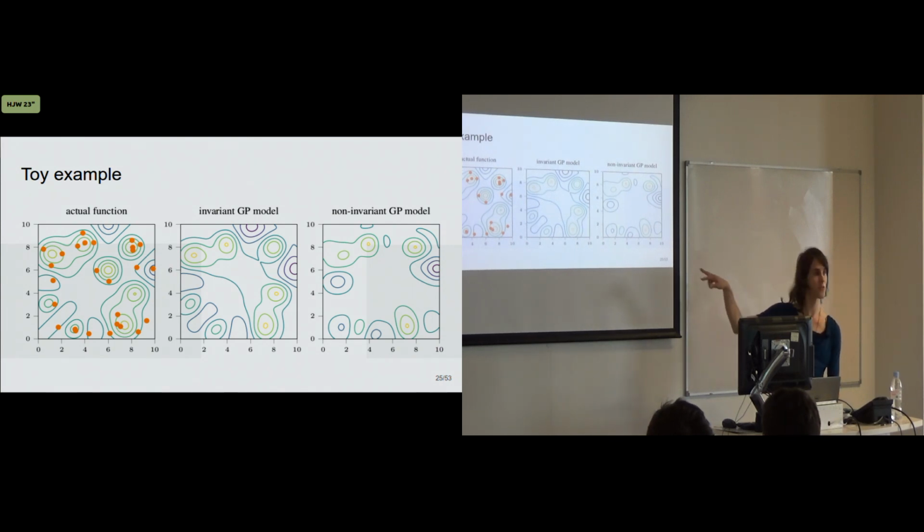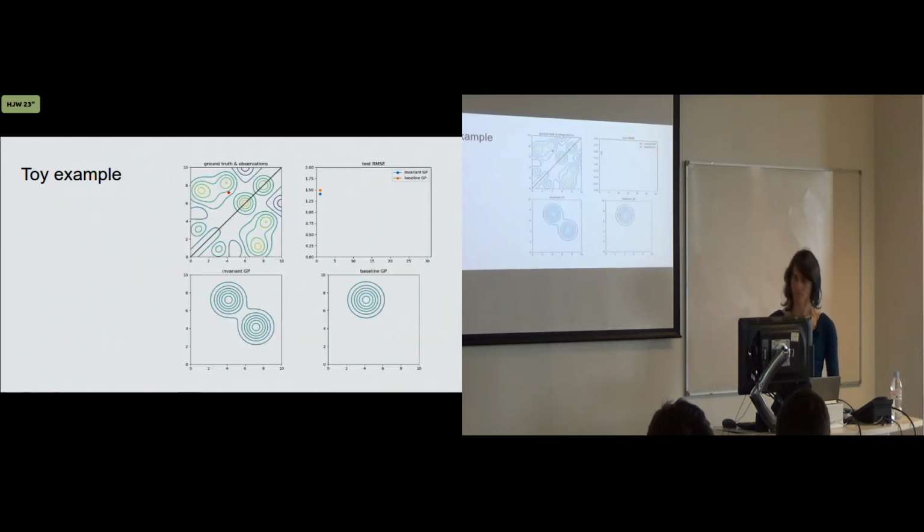And I built two GP models. One knows about the invariance, the other one doesn't. And you can already see the fit of the invariant one looks quite a bit better. But on the next slide, I'll show you what this looks like over the course of training. So if you add one training point after the next, how do these two models infer the function, and what's their test set error based on the root mean squared error of a bunch of test points.